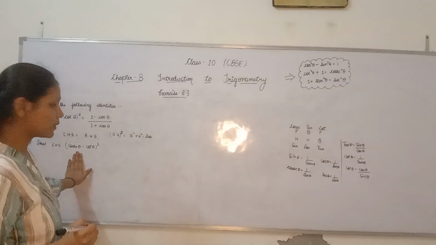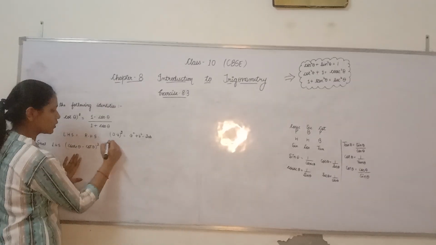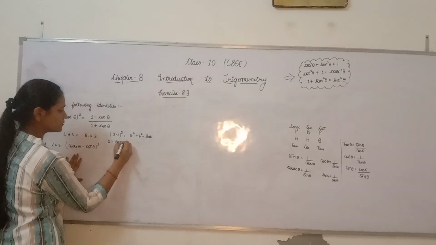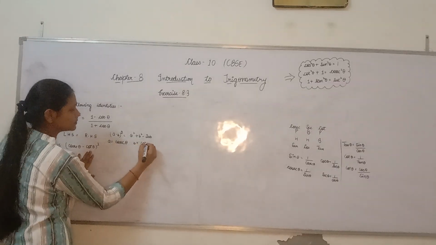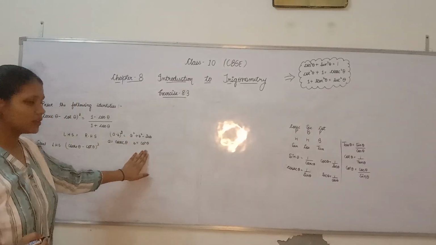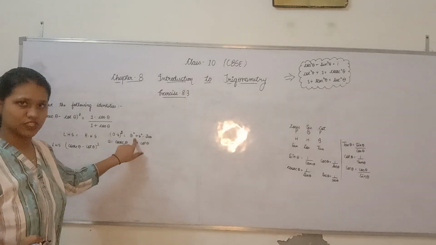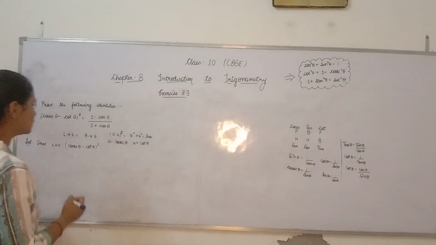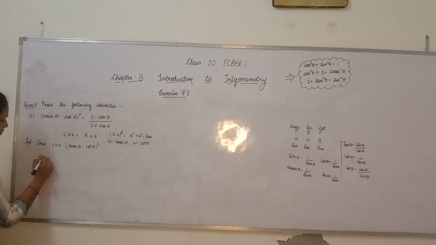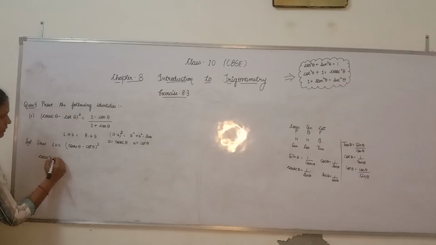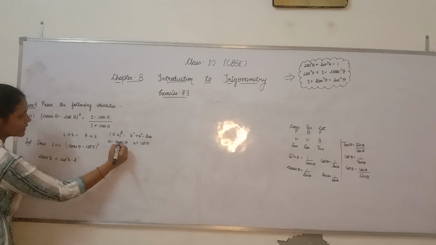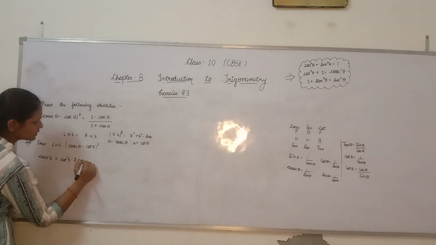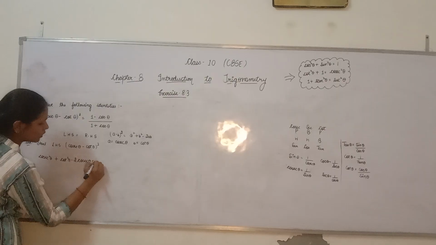Here in this equation a is cosecant theta and b is cot theta, and we will put the values of a and b in this identity. So cosecant square theta plus cot square theta minus 2 times cosecant theta times cot theta.